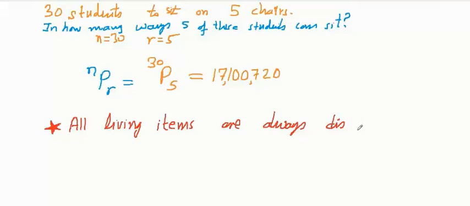Twins, some people say twins are the same, but they are not the same. They are two different people. They have different masses, different sizes, different names. So all people are different. Similarly, all trees are also different. So all living items are always distinct.